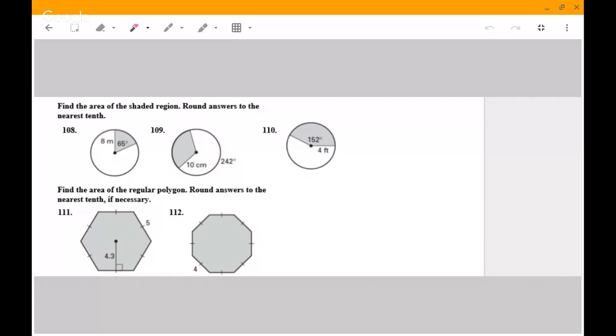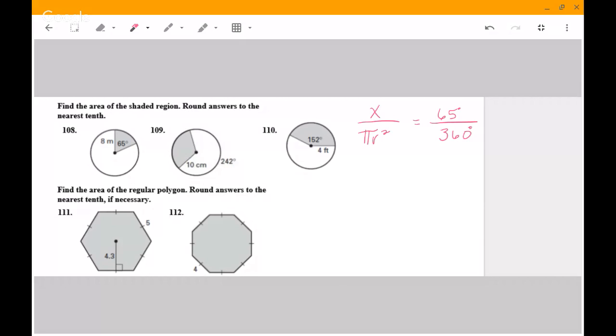It seems like most of the people who have been solving these prefer the proportion form of the formula, where the area of the sector, which is what you're trying to find, I'm just going to put x, over the area of the circle, which is pi r squared, equals the degree measure of that sector, the central angle, compared to the degrees of the whole circle.